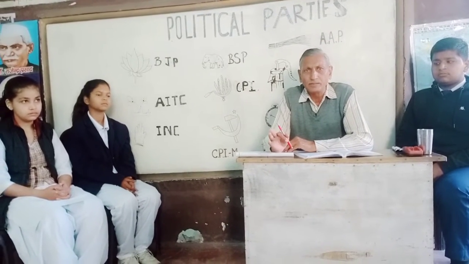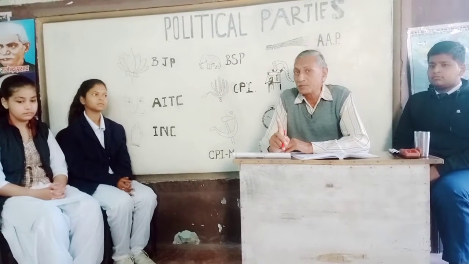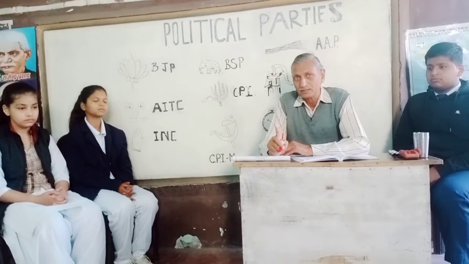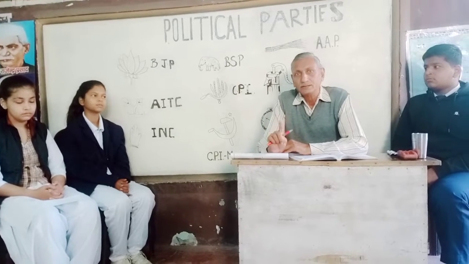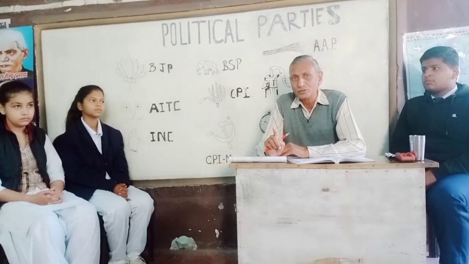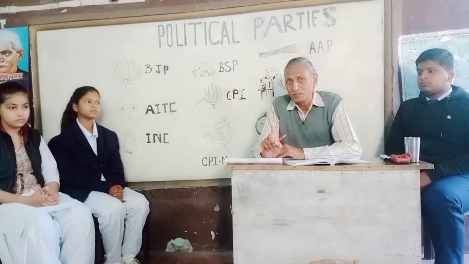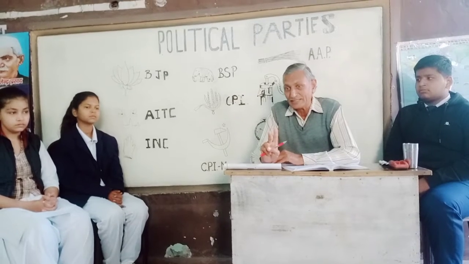I hope you remember the conditions for a national party: 6% votes in an election for Lok Sabha or 4 seats. And for the state parties, the condition is 6% from one state or 2 MLAs, 2 seats.